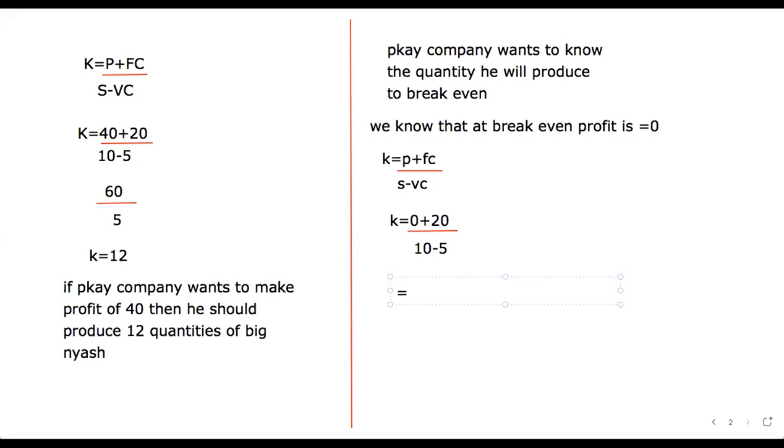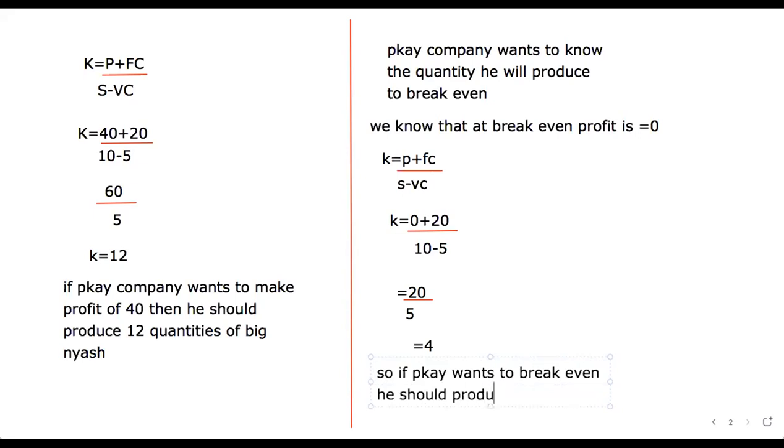So it's equal to 20 over 5, which is 4. So if the company wants to break even, they should produce 4.